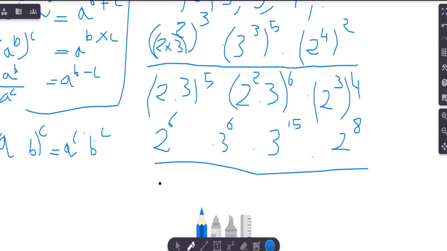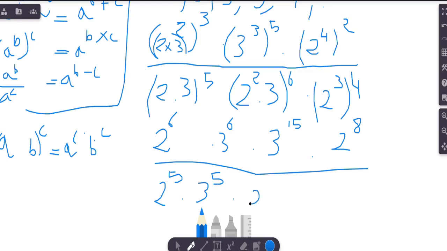Here on the denominator we have 2 times 2 to the 5 times 3 to the 5, because we can distribute exponents.